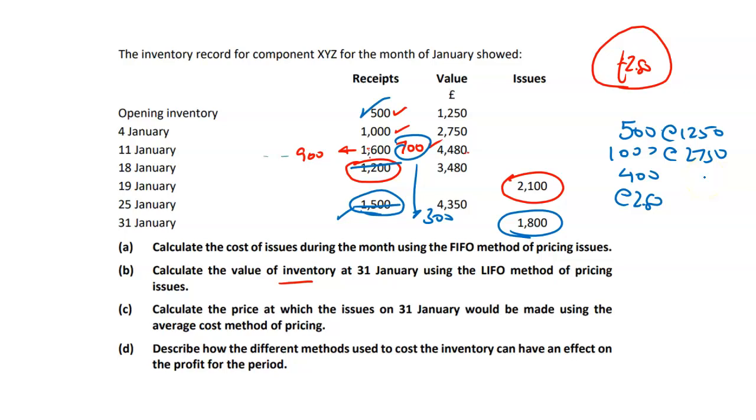So 400 times £2.80 is 1,120. Add all these three together. So you have 1,250 plus 2,750 plus 1,120, and you have 5,120. Yes, and you have 5,120 for B. Right, and that's that.